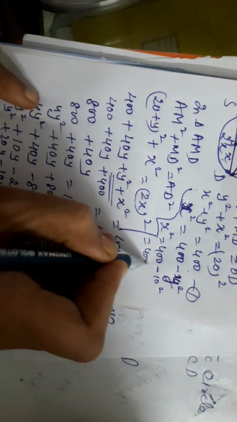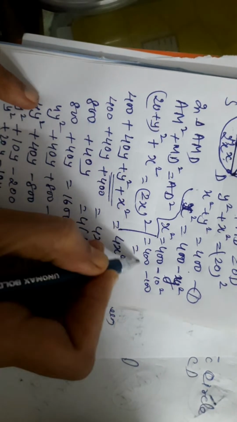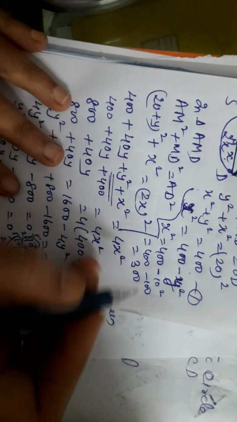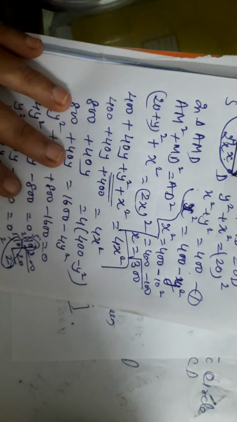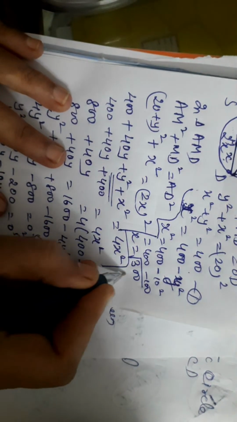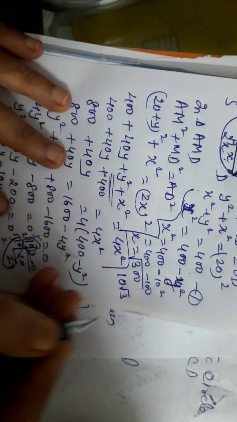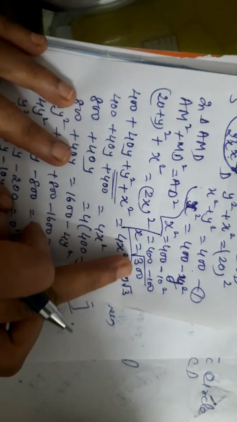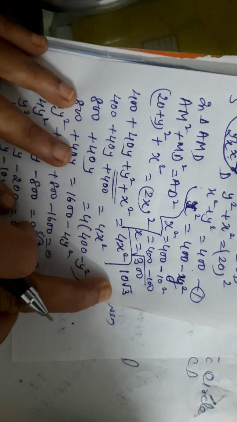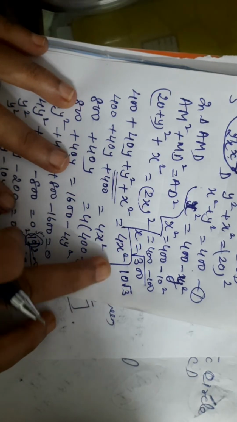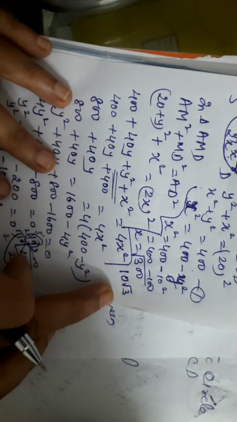So it's 400 minus 100. Thus it is 300. To get the value of x, we need to find the square root of 300. Square root of 300 is 10 root 3, as 100 3s are 300. Root 100 is 10, and 3 is not having any pair, so it will be inside the root. We got the distance as 10 root 3.